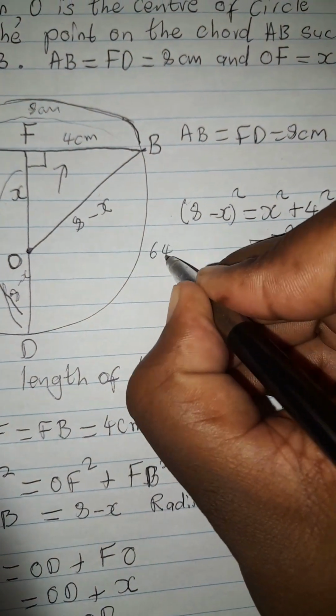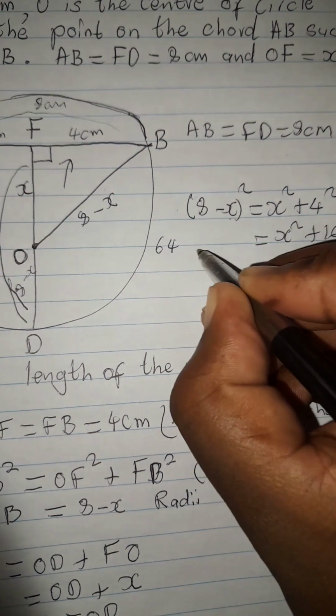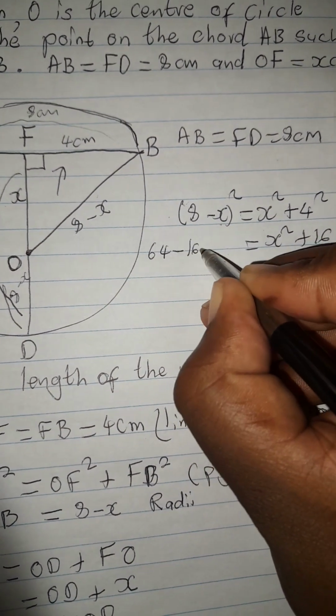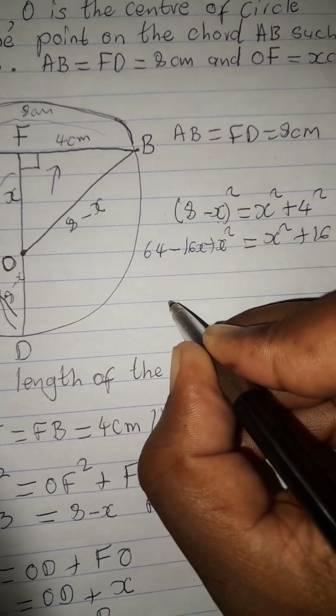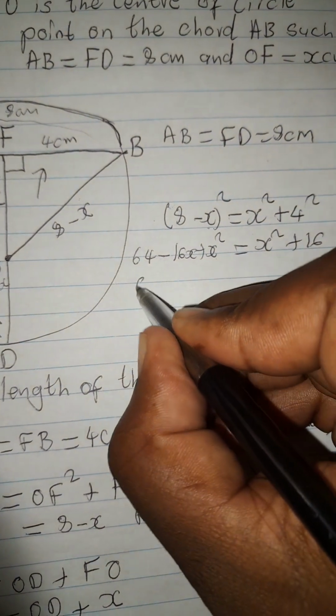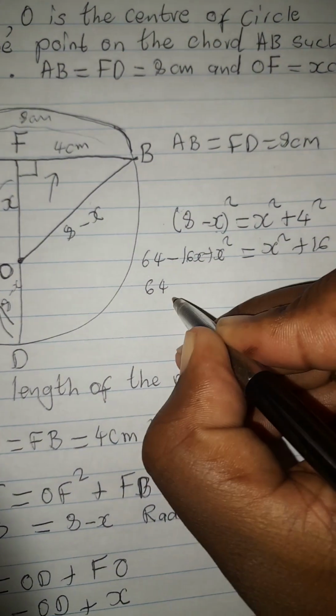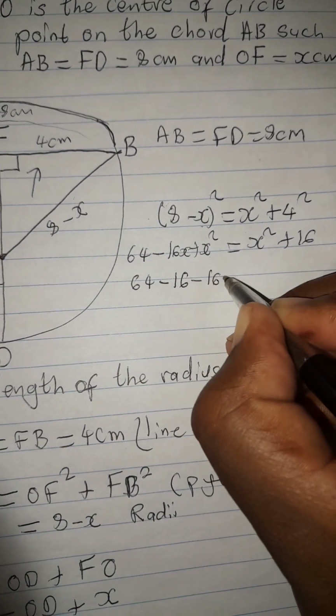Let's simplify this bracket. 2 times negative x is negative 2x, times 8, that will be negative 16x. Then negative x squared gives positive x squared. Then let's collect the like terms. Take 16 to the other side, it becomes minus 16, minus 16x.